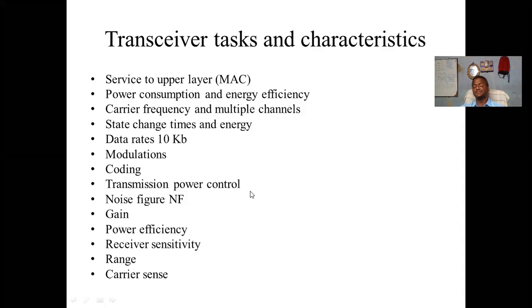Next is the transmission power control. What is transmission power control? Actually, the more power we have, the more we are able to transfer. But it is not applicable to every application. According to your application, there is a power level control.